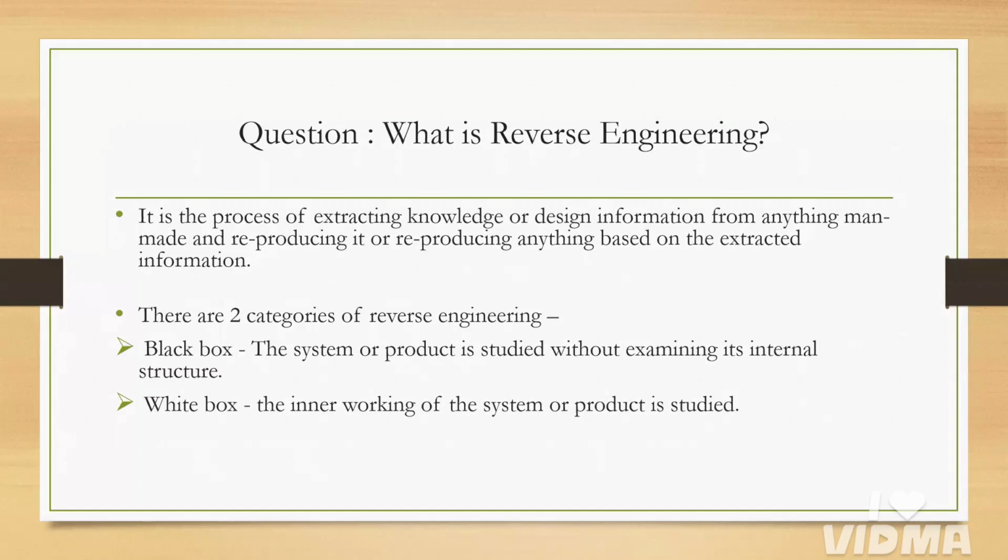In reverse engineering we have black box and white box, so these two categories are there. Black box is where a system or product is studied without examining its internal structure, whereas in white box we go through the inner workings of the system, the internal parts, and work on that.